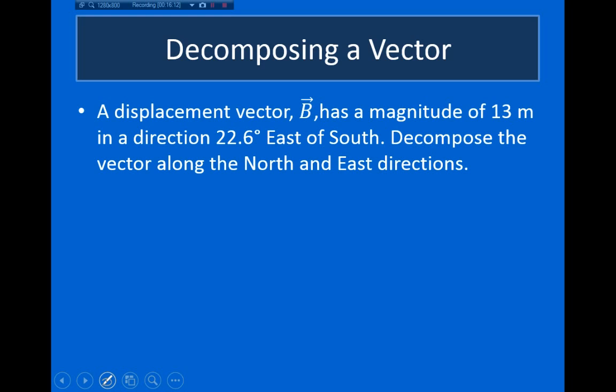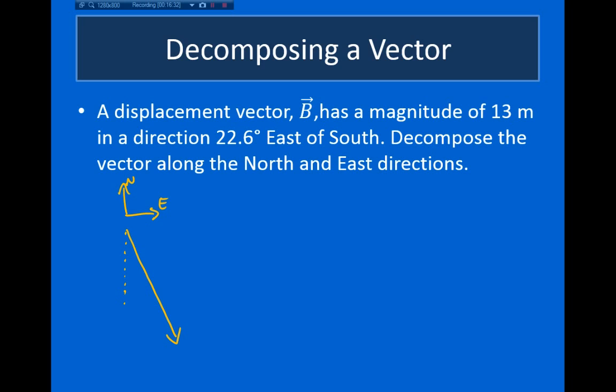Okay, so once again, we want to draw a picture. If I call this north and this east, this vector points 22.6 degrees east of south. So it's going to be something like this. This is going to be south. Actually, let me extend this down.